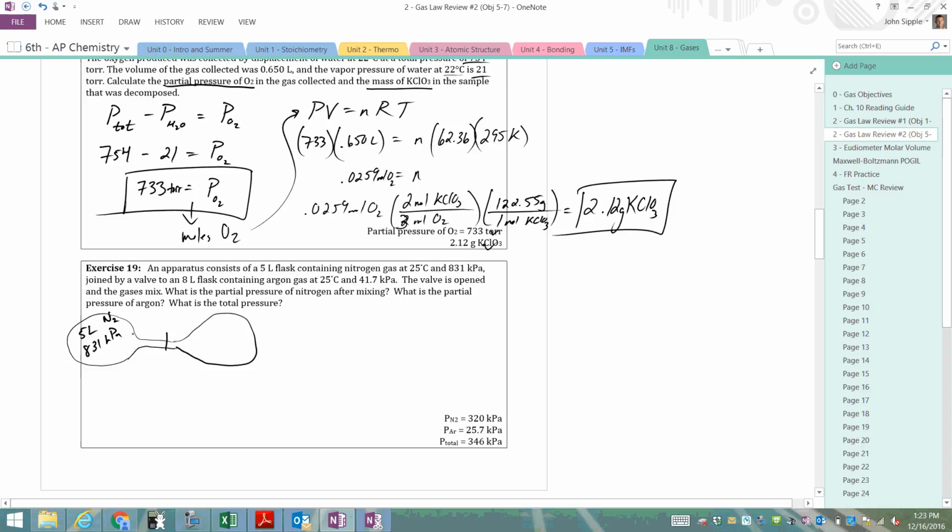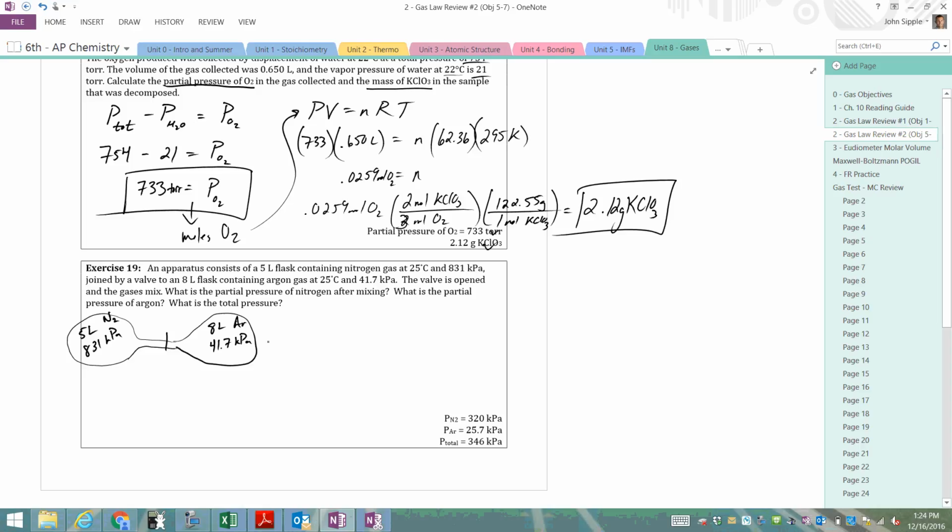On the other side, it's 8 liters of argon at 1.7 kPa. Ultimately, they open the valve and the gases mix. They want to know the partial pressure of nitrogen, the partial pressure of argon after mixing, and what the total pressure is.